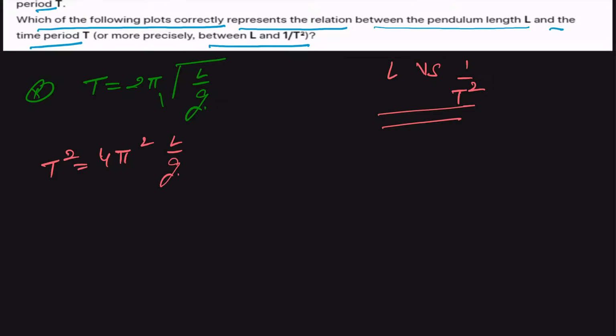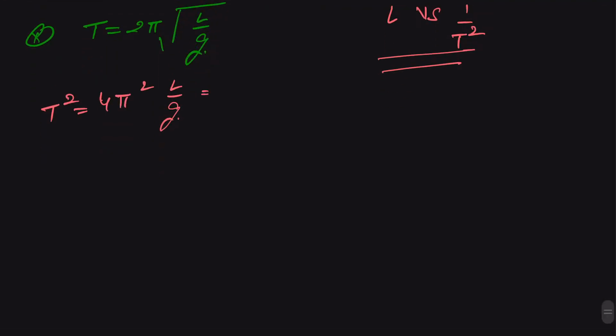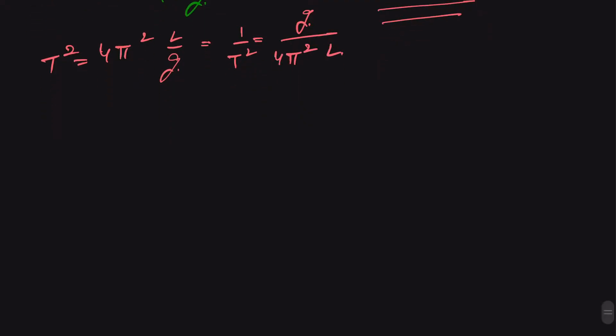And we need 1 upon t square. Okay, so if we rearrange it, we can write this as 1 upon t square will be equal to g upon 4 pi square times L, or mathematically we can write this as 1 upon t square is proportional to 1 upon L.